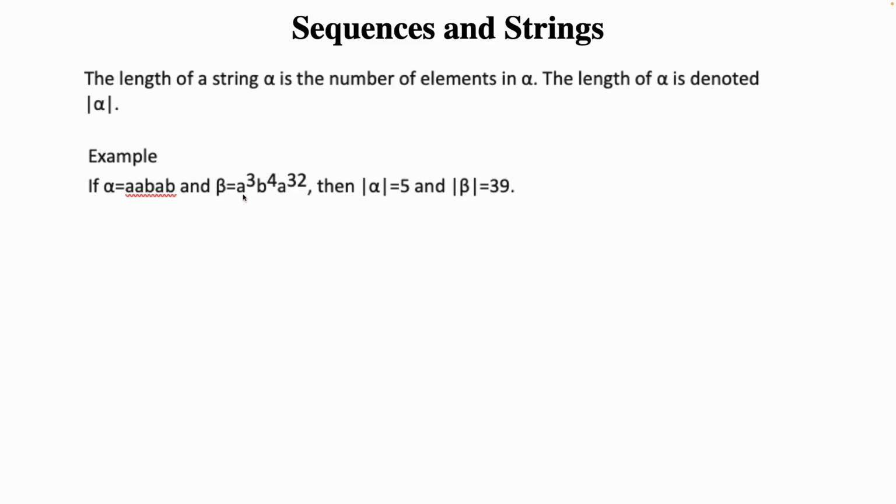Here, you've got 3 A's, 4 B's, 32 A's. So you can just add the numbers up. If it's written in this superscript form, you're going to have 3 A's plus 4 B's, so that's 7 elements right there, plus another 32 A's, that's 39 elements. So the length of beta is 39.